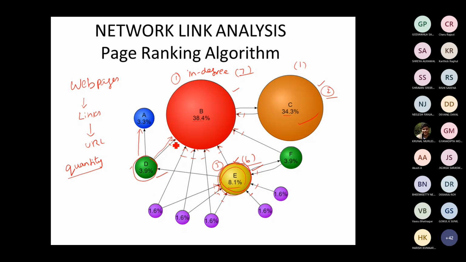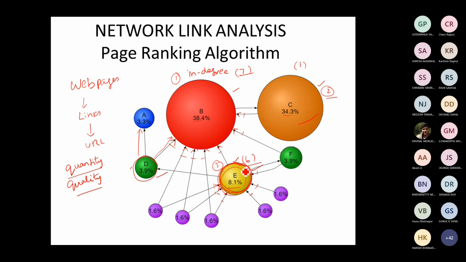I'm getting several incoming links; many pages are being directed to me. I can say the page is popular only if I'm getting a link from another popular web page. That is called the quality of the link that emerges from one web page to another. That is also important.